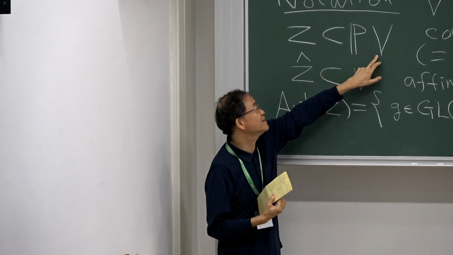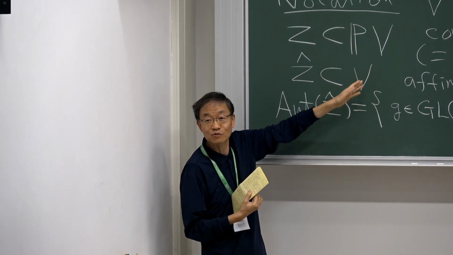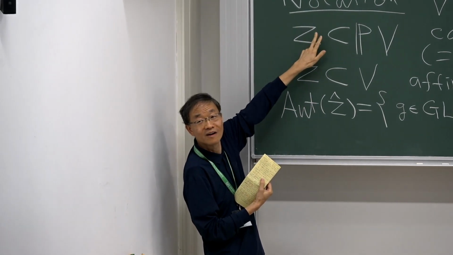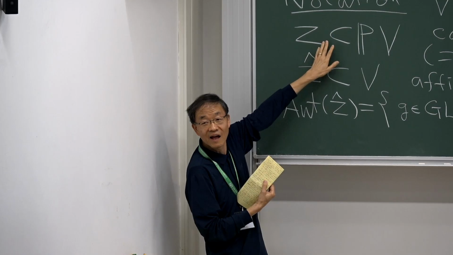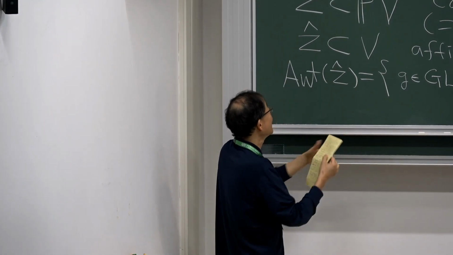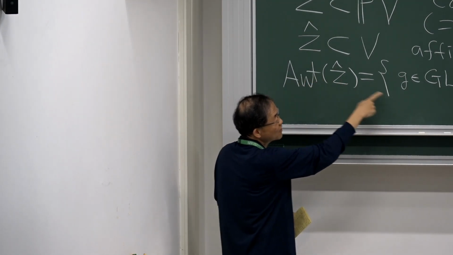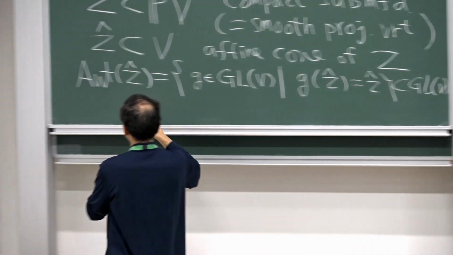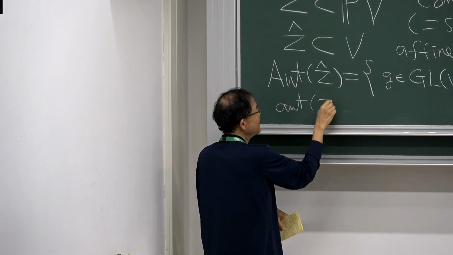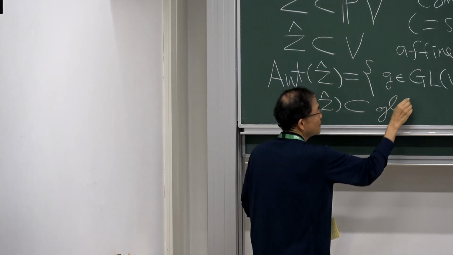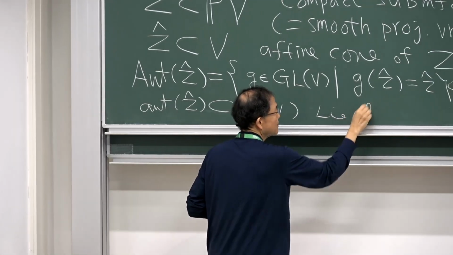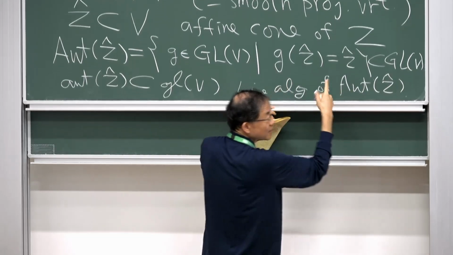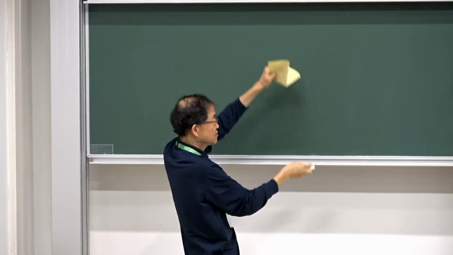A projective space is the union of lines in vector space through the origin. Z hat is just the collection of all lines through the origin corresponding to Z. So this is a natural linear subgroup. I will denote by small aut Z the Lie algebra of this group.